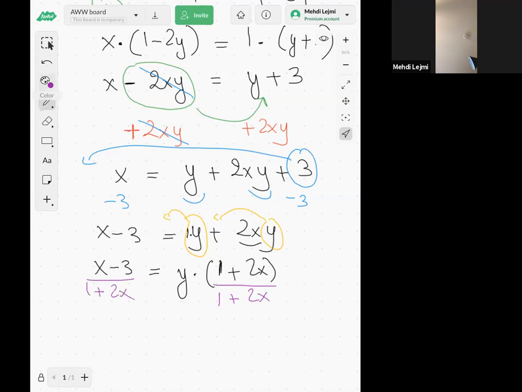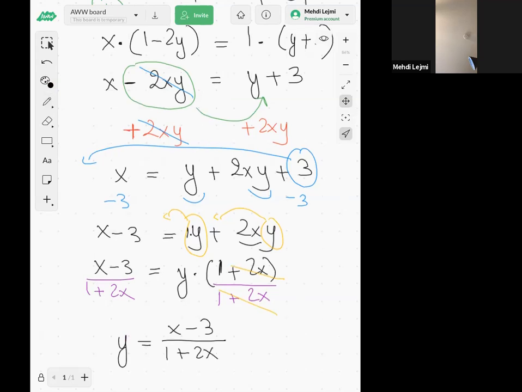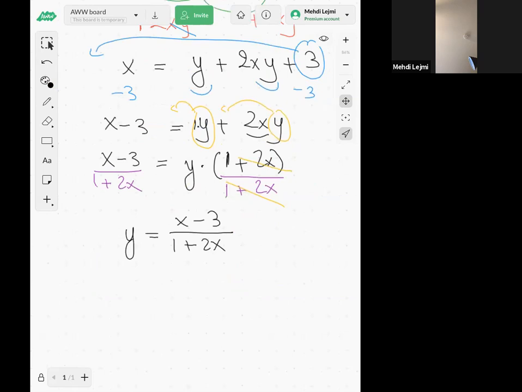And so you see your y would be just equal to x minus 3 over 1 plus 2x. So that's the inverse of the function, right? So the f inverse is just x minus 3 over 1 plus 2x.